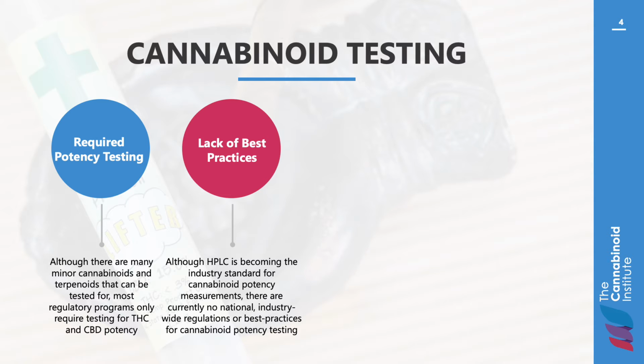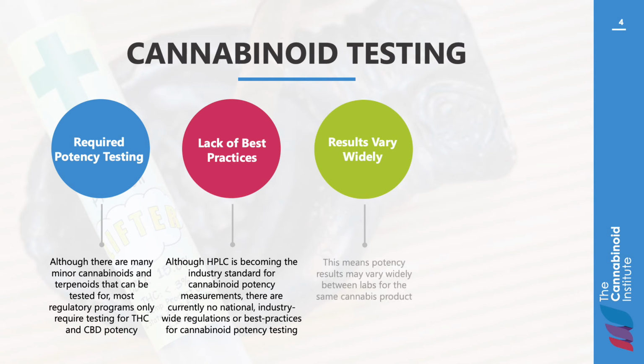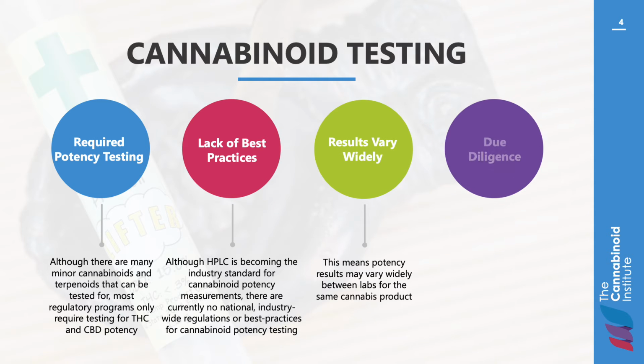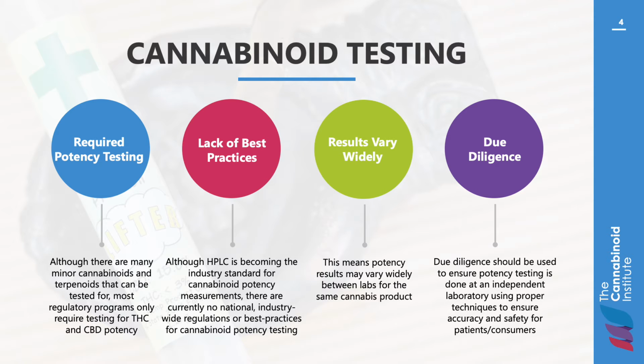This means potency results may vary widely between labs for the same cannabis product. Due diligence should be used to ensure potency testing is done at an independent laboratory using proper techniques to ensure accuracy and safety for patients and consumers.